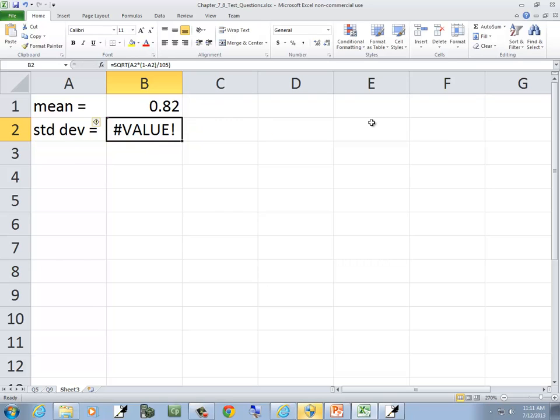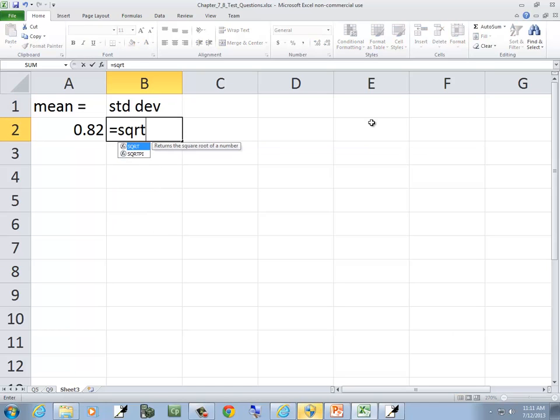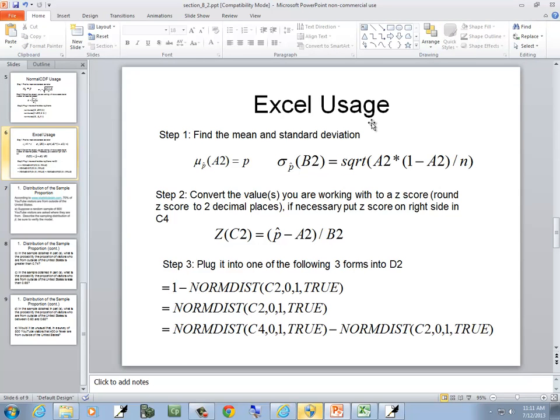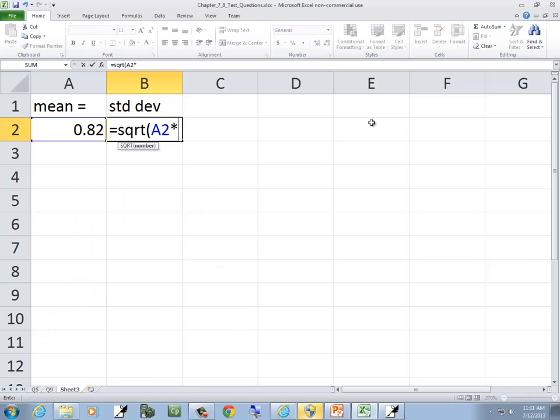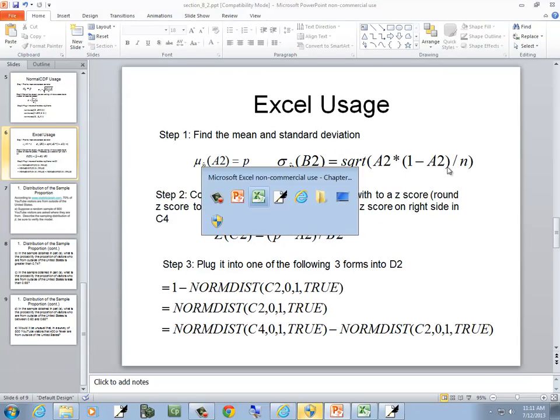Okay, let me try this again. I should read my own instructions. I meant to put 0.82 there. Okay, and this one's going to be our standard deviation, so equals square root, A2 times, beginning parentheses 1 minus A2, divided by 105. Okay.